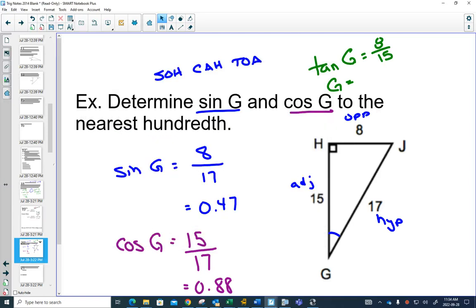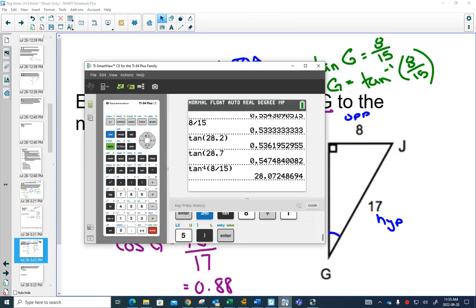So we could find G by doing tan inverse of 8 divided by 15. Do you think we could find G using sine? Above your sine button, notice there's a sine inverse. Watch this.